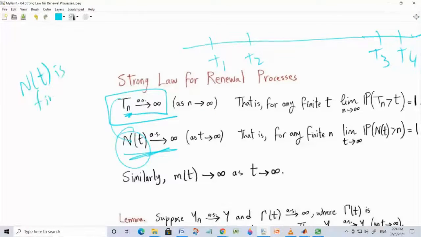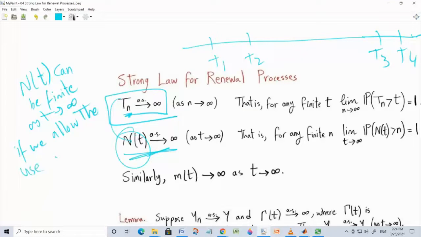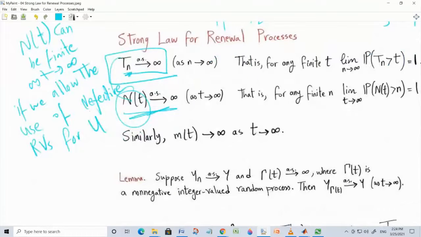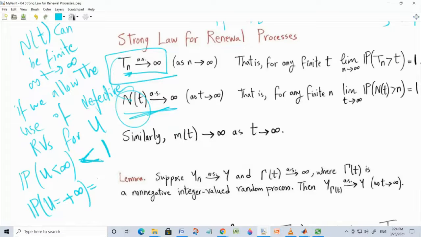N(t) can be finite as t goes to infinity if we allow the use of defective random variables for U. Which means that in this case, the probability that U is less than infinity will be strictly less than 1, and the probability that U is equal to plus infinity will be non-zero.